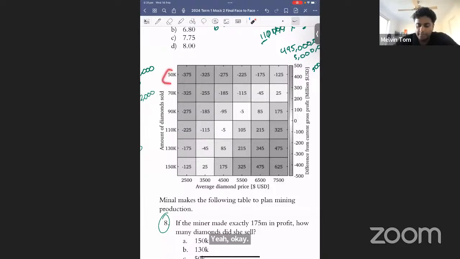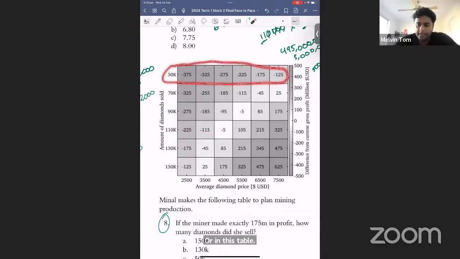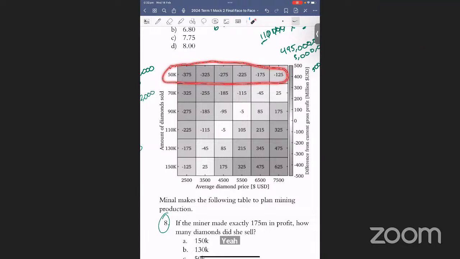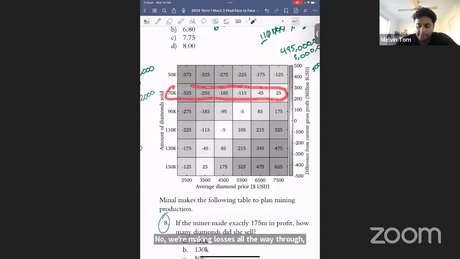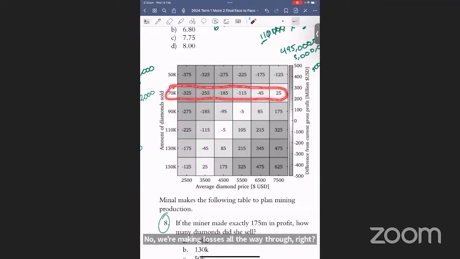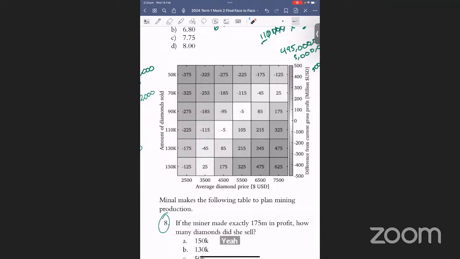So Ishita, what's the least amount of diamonds you can sell in this table? 50K. Do you break even with 50K sold? No, we're making losses all the way through, right? And then what about 70K? Do we finally break even? Yeah. So what's the least amount of diamonds you need to sell? 70K. You understand?